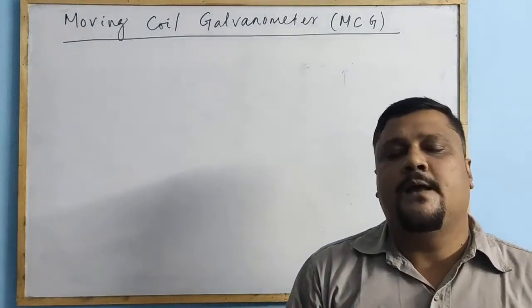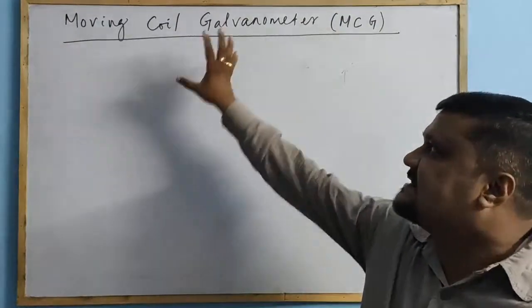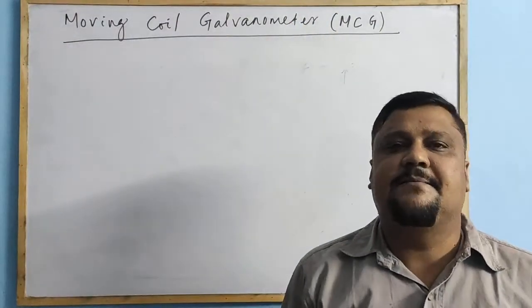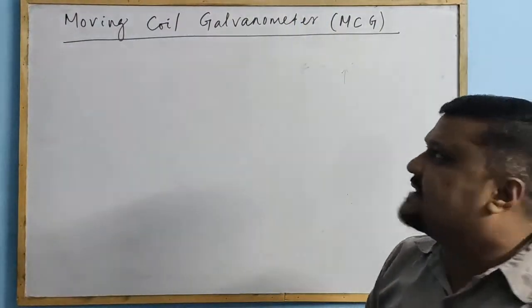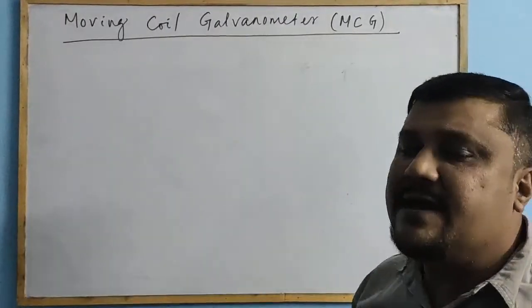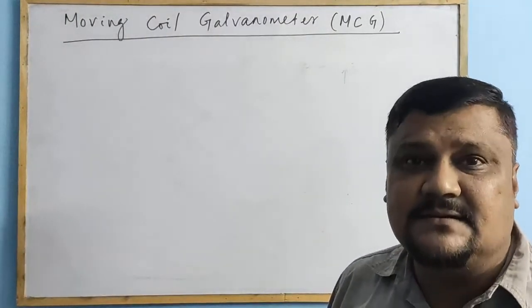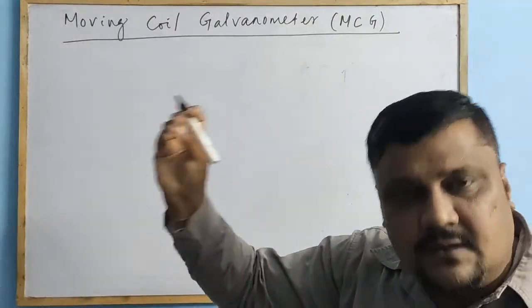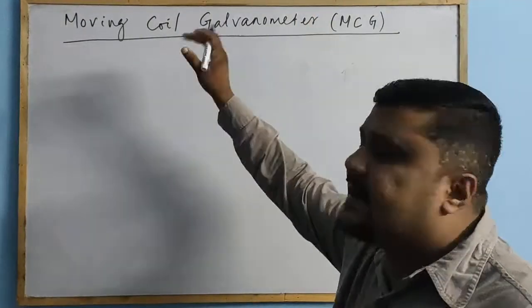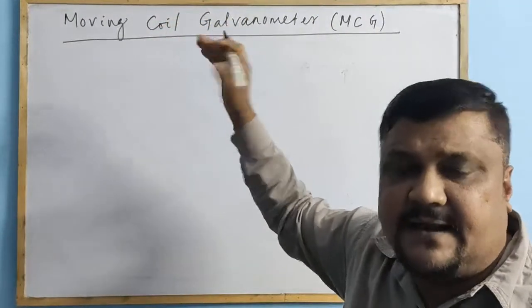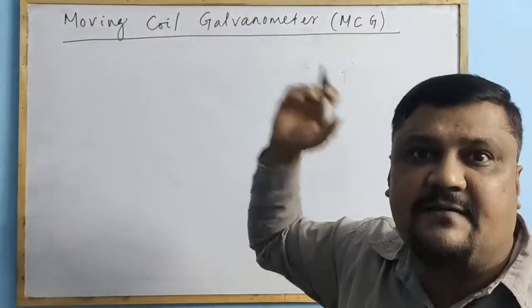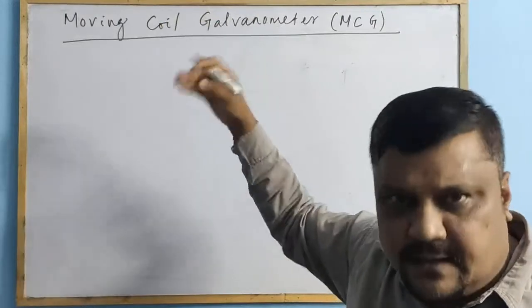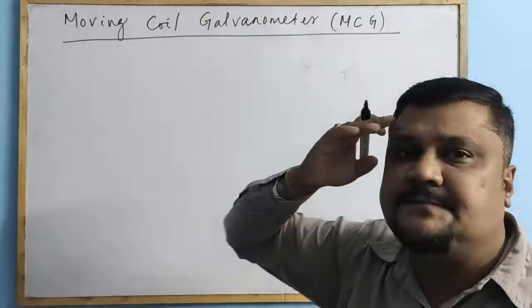On that principle, this moving coil galvanometer is based. There are types of galvanometer, like the moving coil and deadbeat types. There are so many galvanometers.